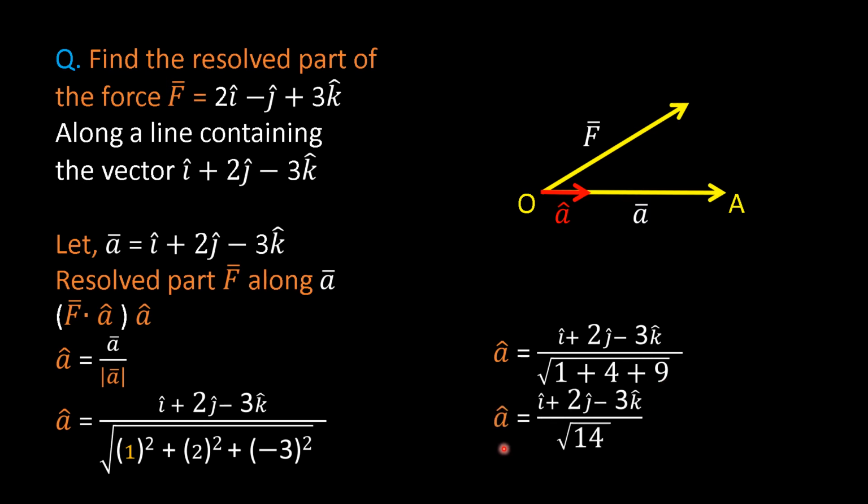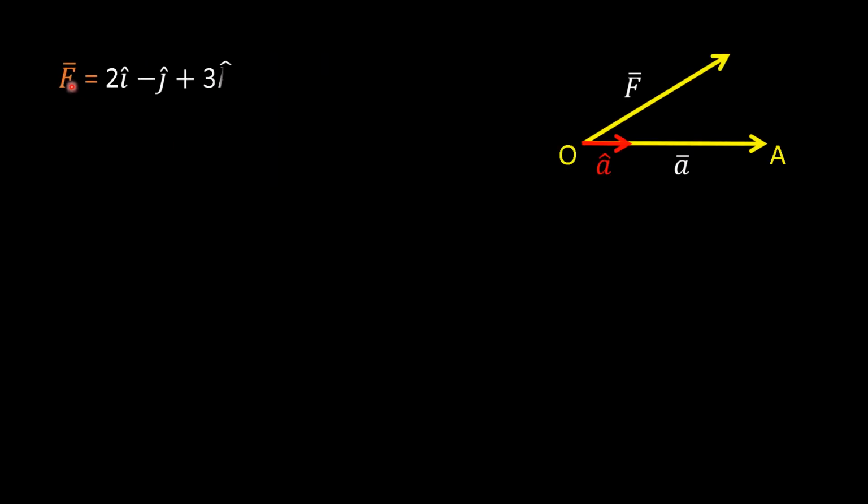So A cap will be I plus 2J minus 3K divided by under root 14. We have F bar equals 2I cap minus J cap plus 3K cap, and A cap equals I cap plus 2J cap minus 3K cap upon root 14.